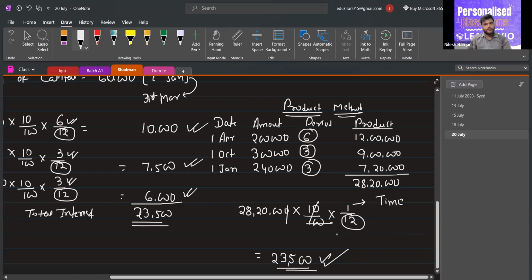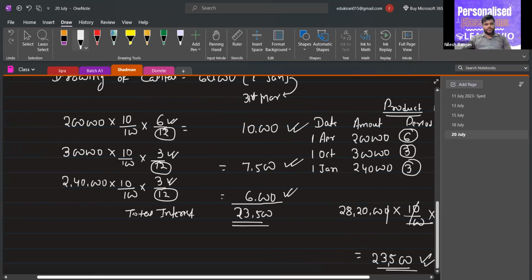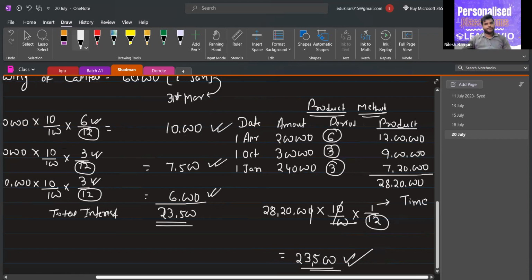If we are using months, it will be 12 because there are 12 months in a year. If we are using days, it will be 365 because there are 365 days in a year. So these are your two methods.